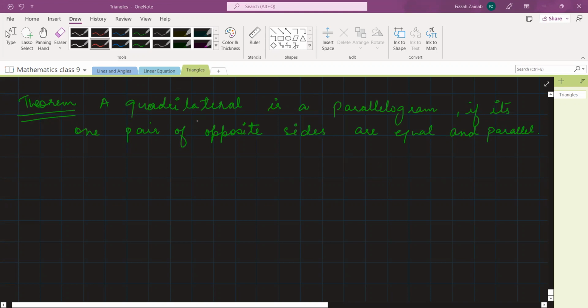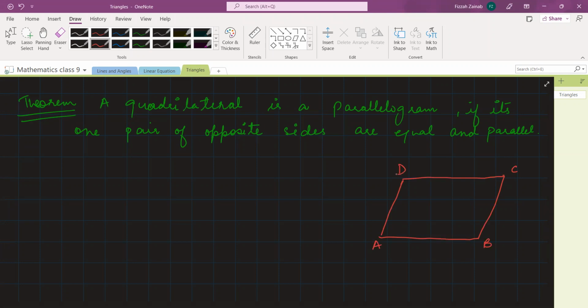See, so far we were saying that if all the opposite sides of any quadrilateral, let's say I have a quadrilateral here, ABCD, right? I'm not calling it a parallelogram, I'm calling it a quadrilateral. So we know that if in a quadrilateral the opposite sides are equal, that means AB is equal to CD and AD is equal to BC, then I can say it's a parallelogram.